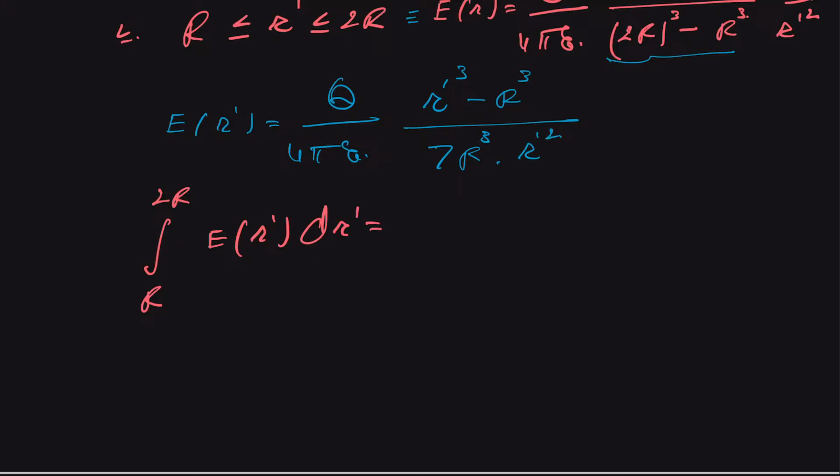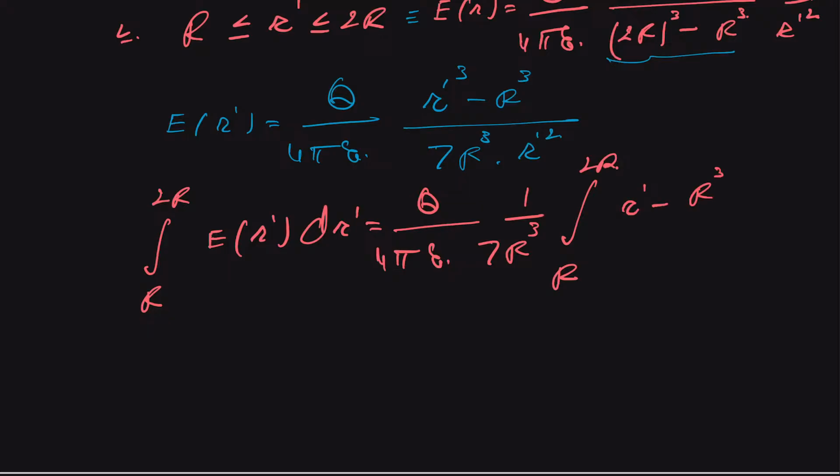We already know the formula, so this is q upon 4 pi epsilon naught times 1 upon 7r cube, integral from r to 2r of (r' cube minus r cube) upon r' square dr'.